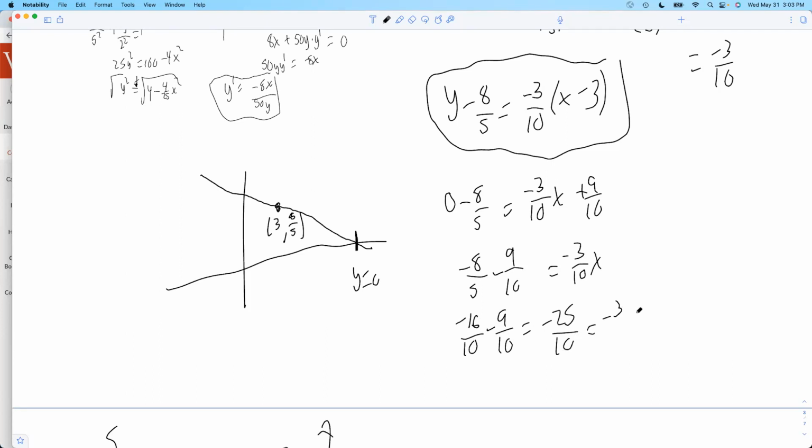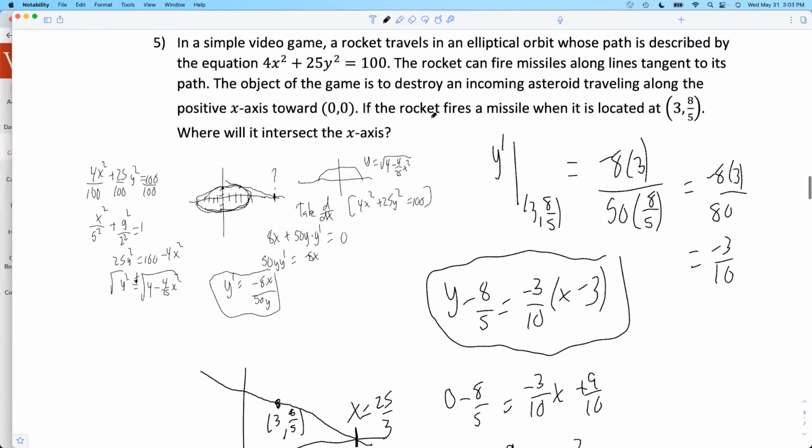And that's supposed to be -3/10 x. The 10s cancel. I think we get x equals, you guys definitely check my arithmetic here. I think we get x is 25/3. So that'll be the x coordinate where this rocket intersects the x-axis.